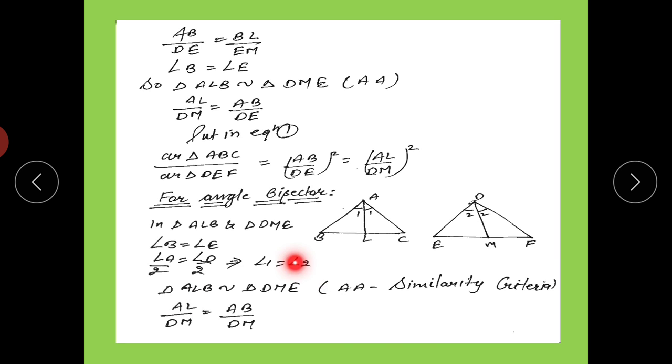So triangle ALB is similar to triangle DME. Angle similarity criteria. So ratio equal: AL upon DM is equal to AB upon DE. Write again, AB upon DE is equal to AL upon DM, whole square. So we can say that it is the square of ratio of angle bisector. I hope you understood these four very important theorems.